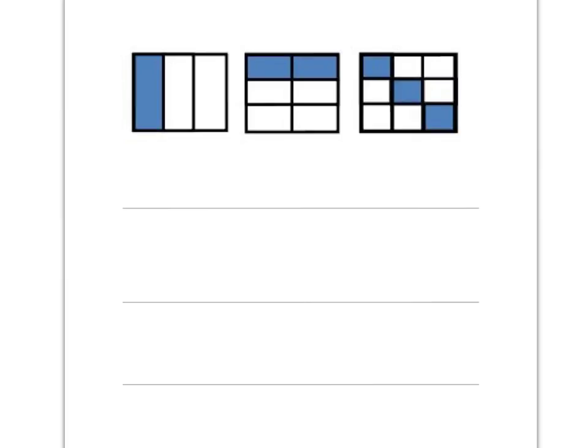Let's look at a different model. These three wholes are the same. I'm going to write the shaded fraction as I name it. The first one shows 1/3. The second picture shows 2/6 shaded, and the third picture shows 3 out of 9 shaded.